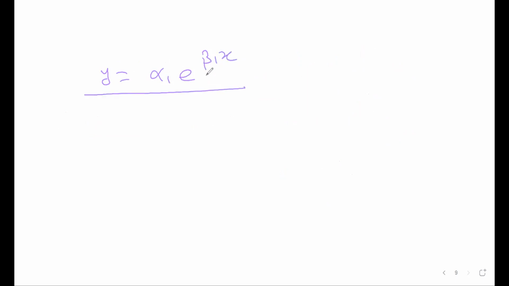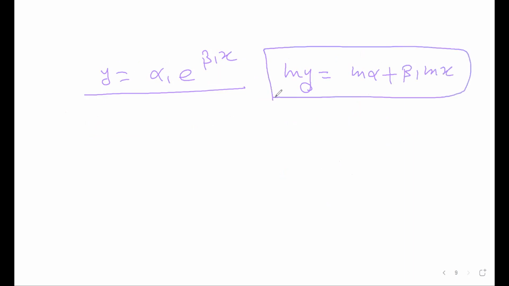If we take the natural logarithm on both sides, ln y equals ln alpha 1 plus beta 1 x, isn't it? Yes, sir. Then let us change the variable. We call capital Y equal to ln y, this is your A0, and we call capital X equal to x. Can we call it? Yes, sir.